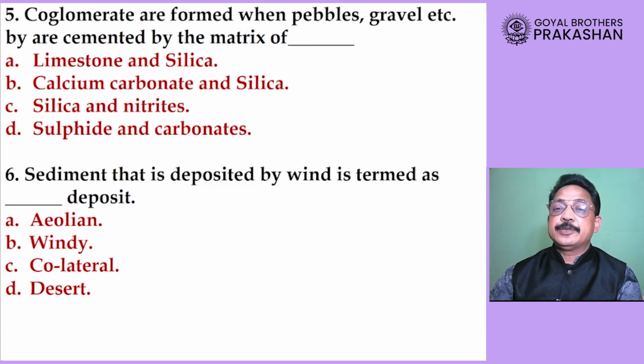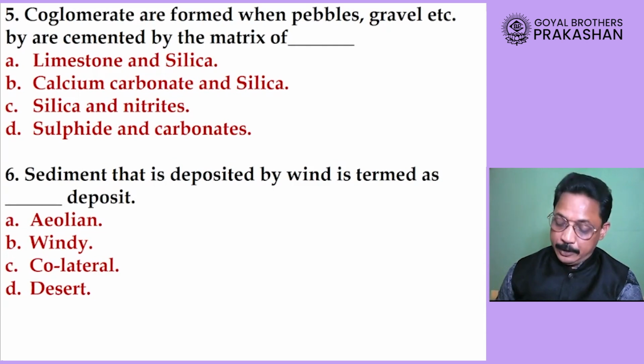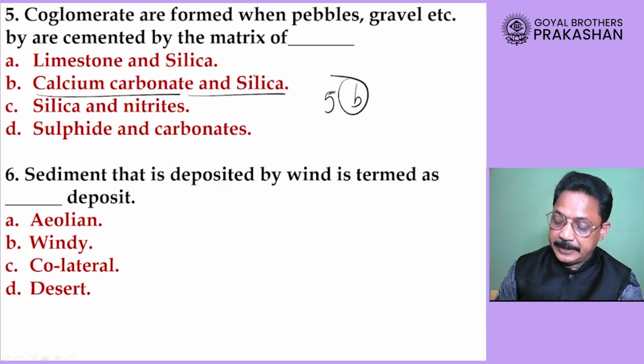So please remember, dear student, that pebbles, gravel, these all get cemented by the matrix of calcium carbonate and silica. Okay, so accurate answer here is calcium carbonate and silica. Actually, limestone itself is formed from calcium carbonate, but calcium carbonate is more accurate word because it is the chemical name. So fifth answer is B.